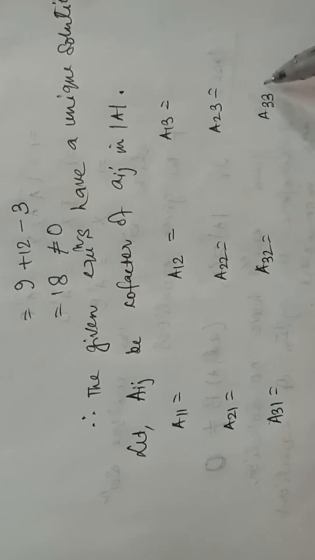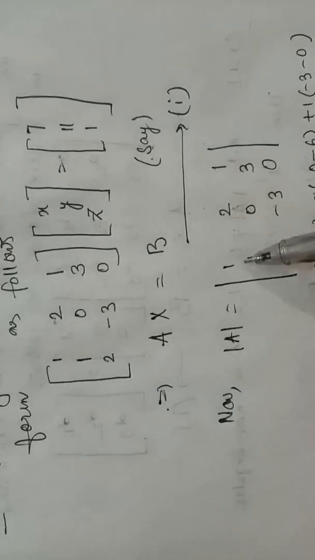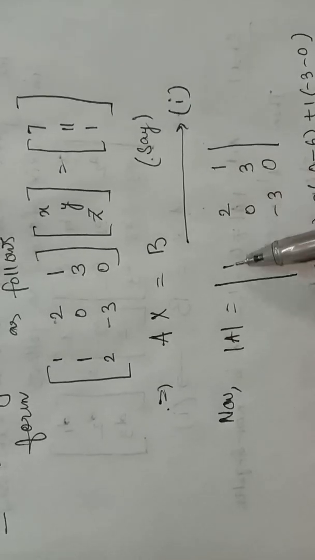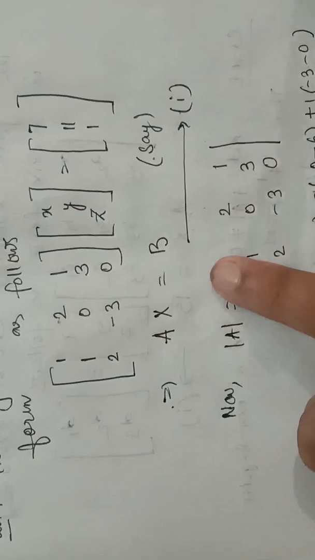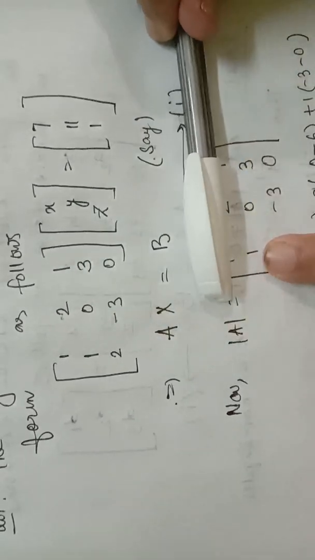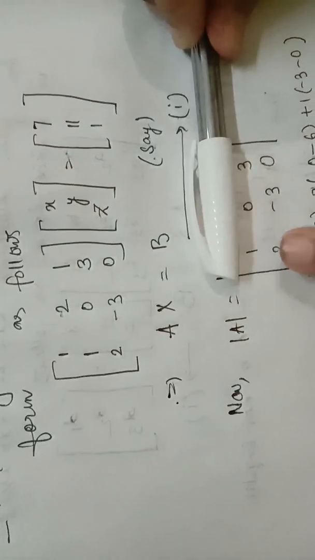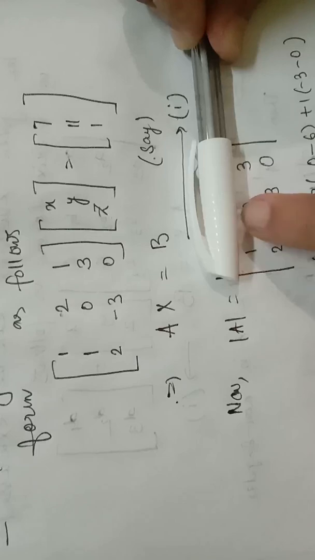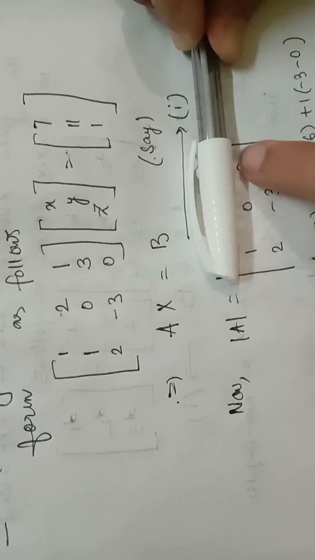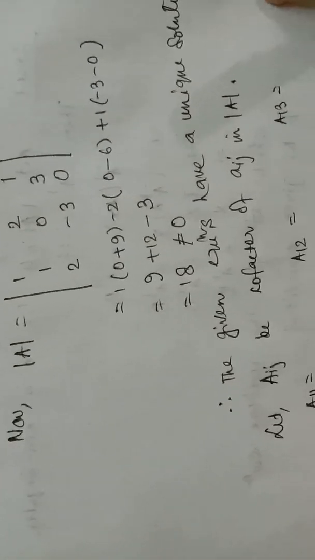For the element 1, we have to remove the first row and the first column. So 0 minus 9, so it is minus 9, and the sign for this position is plus, so the value will be 9.